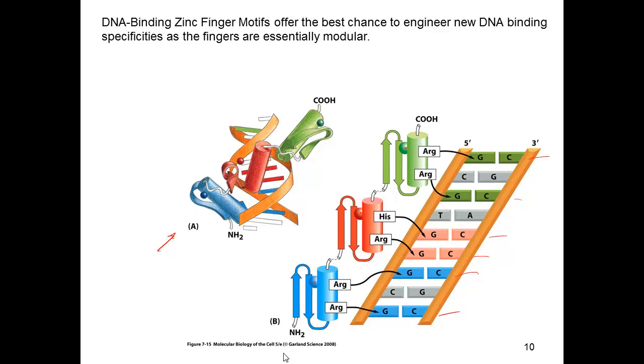This class of enzymes is of extreme interest to biotechnologists because you have the ability to engineer these 3 different fingers relatively independently. That is, if I make a change here in trying to alter which base it recognizes, to the first approximation, I'm not going to greatly affect which bases these other 2 fingers recognize.